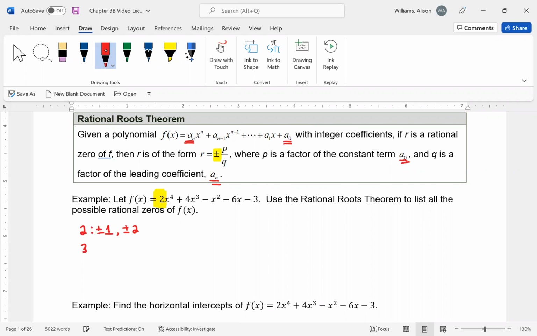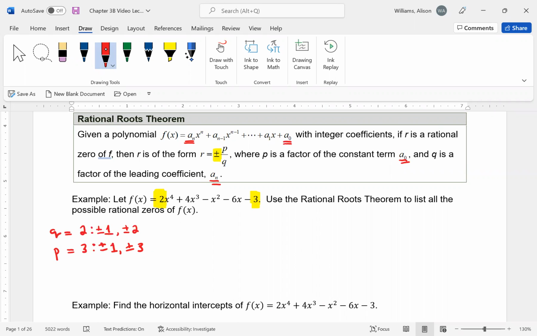And notice I'm going to ignore the fact that there is a negative on it because I'm going to include positive negative combinations, has the same factors, 1 and itself. So 1 and 3. So what we're seeing is 3 is behaving like P and 2 is Q.